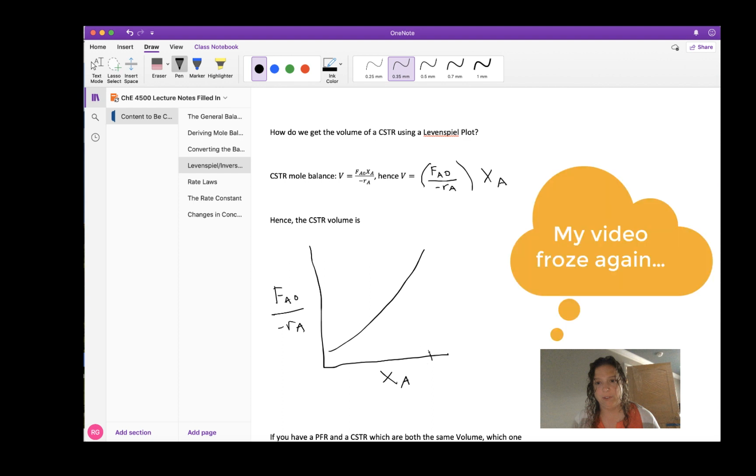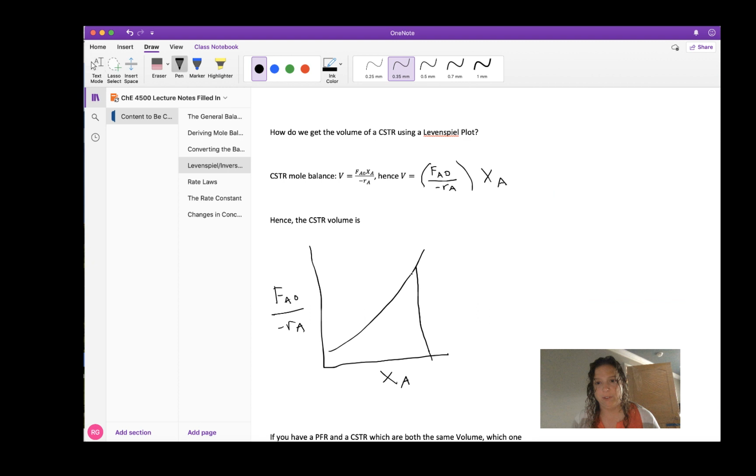So here I want this particular conversion. I go up to the plot, and then I draw over. And that is how I get my value of flow rate divided by rate of consumption. So the CSTR volume is going to be equal to the area of this rectangle.